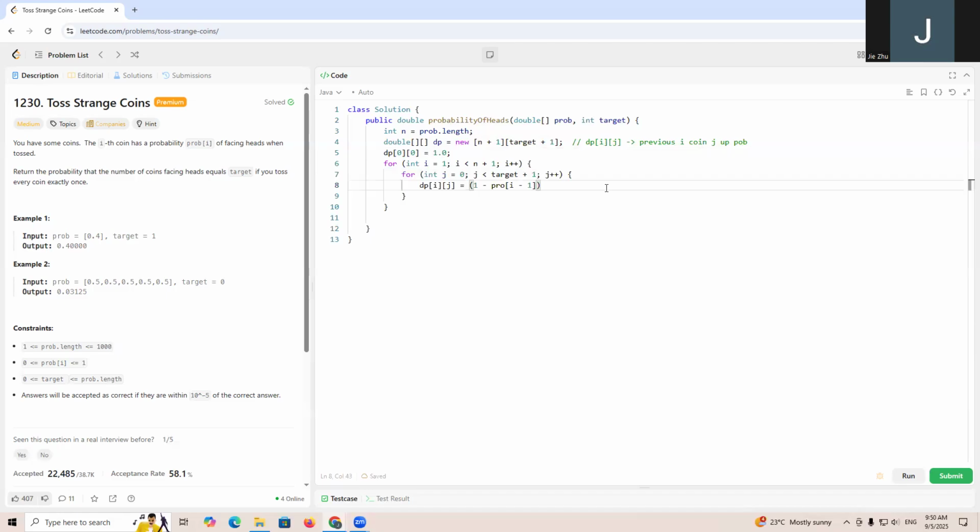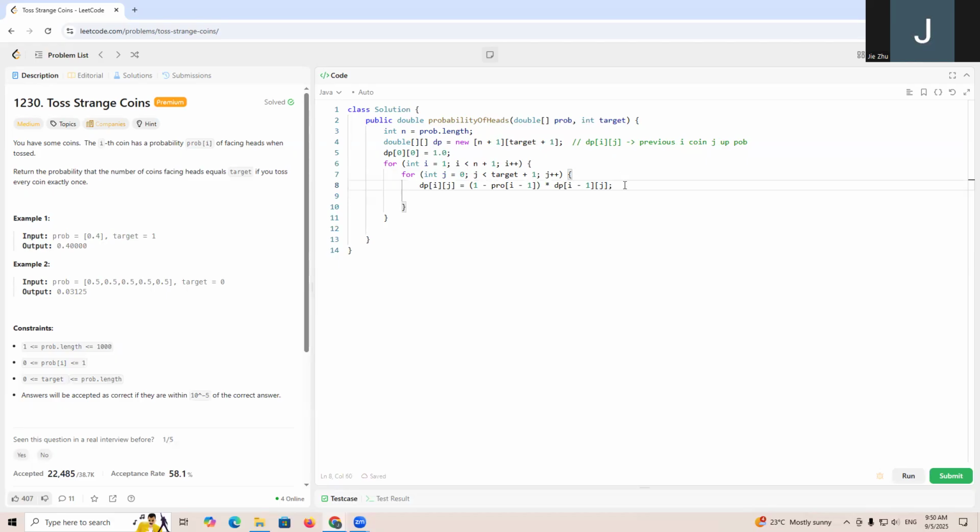That means the current one we don't face up, but for the previous i minus 1 coins we already have j coins up.